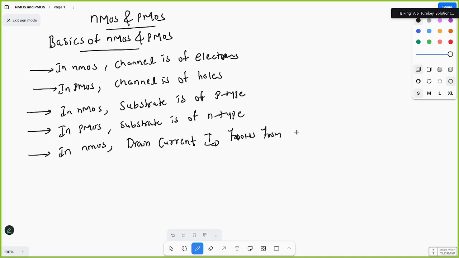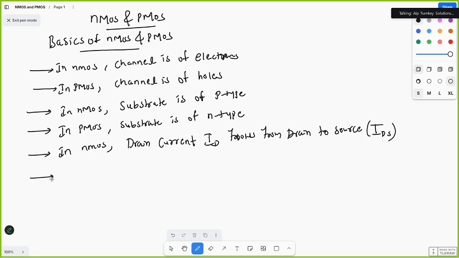The conventional current, that is the drain current, will flow from drain to source. Channel will be forming, and electrons will flow from source to drain, so drain current will flow from drain to source. That's why sometimes we call this IDS, which is nothing but drain to source.